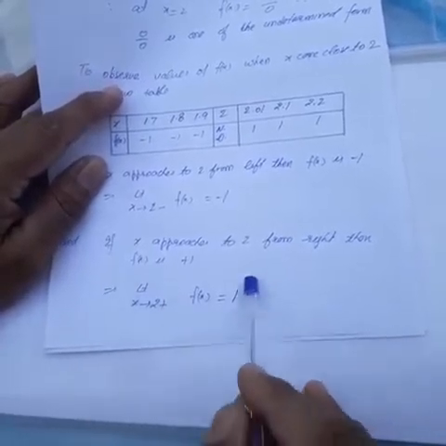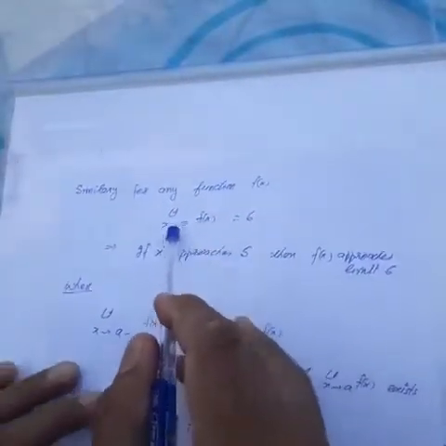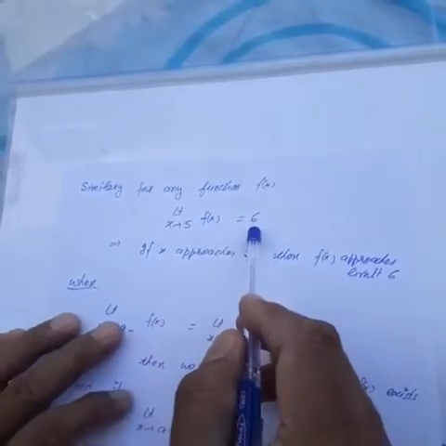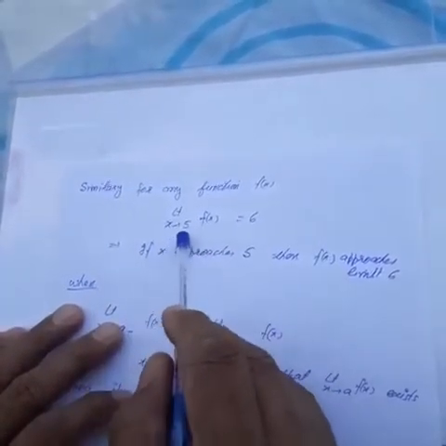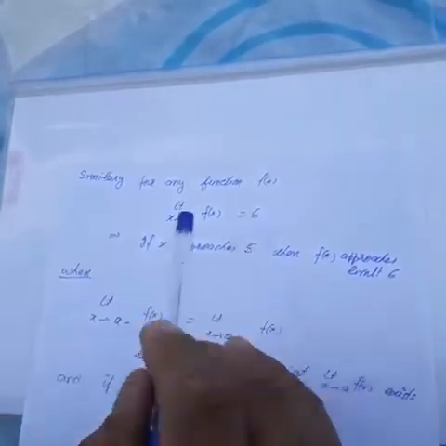This is the way of writing the limit. Similarly, if it is written limit x tends to 5 of f(x) is 6, it means when x approaches 5, f(x) is approaching 6.